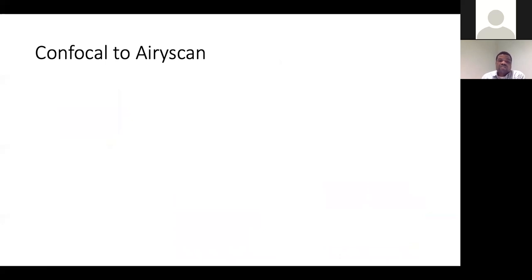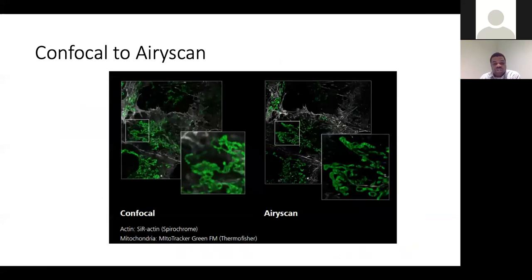Next is, what are the advantages of moving from a confocal to the Airyscan mode? In confocal imaging, you capture an image, but because of the diffraction-limited spot, you are still restricted to 250 nanometers. Using the Airyscan technology, you can resolve them even further, and that helps you to distinguish.